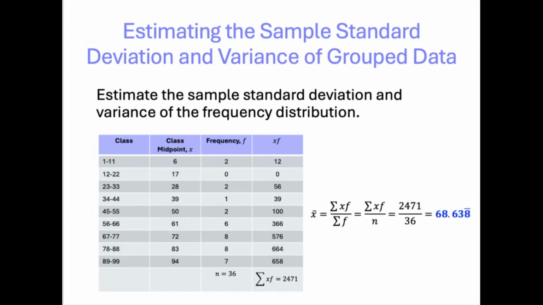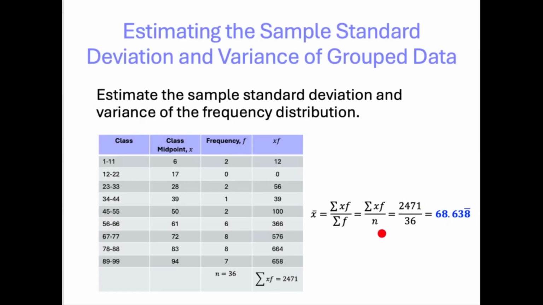So the work for that, first of all, you need to get the sample mean. That was done in a previous video, but you take the sum of every X value, so every midpoint times the frequency in that class, divided by the sum of the frequencies. So when we did that, the sum of every midpoint times their class frequencies is 2471.